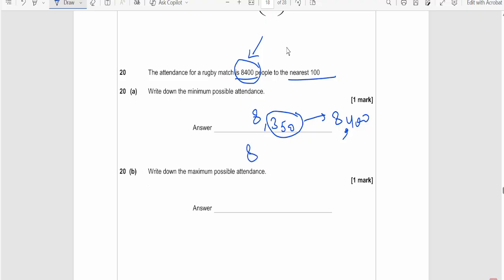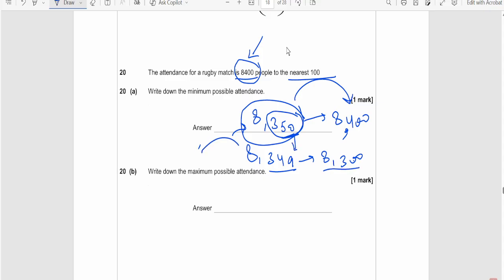But if you write 8349 and round it, you will get 8300, because 349 is closer to 300 than 400. So this is the minimum possible number. If you decrease this number by 1, you will round it down.